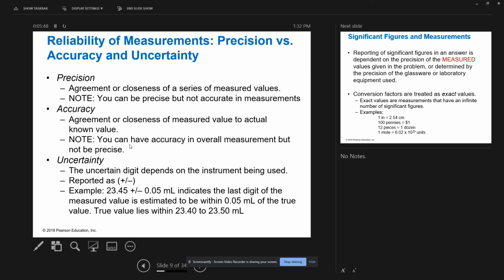Accuracy is how close you are to the true value. So you can be accurate in your measurement, but you don't necessarily have to be precise, same as you can be precise but not accurate. Every measurement has some sort of uncertainty to it. And that uncertainty lies in what we call the estimated digit. And we're going to talk about that here in just a few minutes.